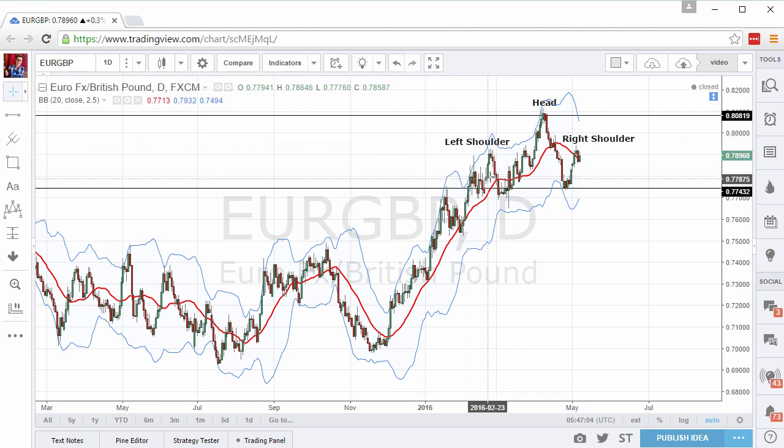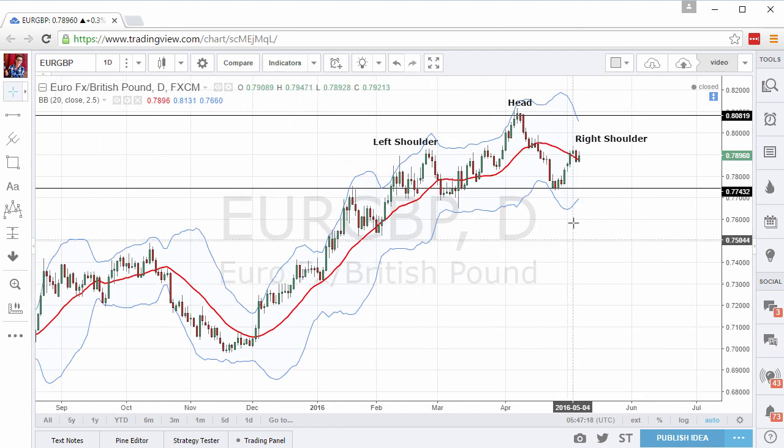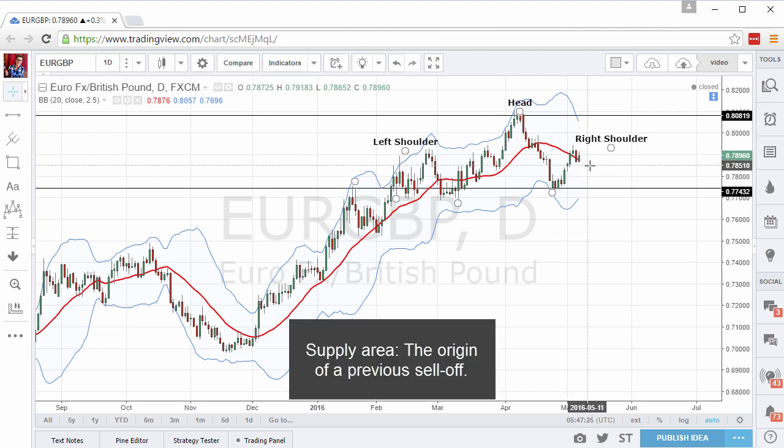Whenever you see that the market's dynamics are shifting with the head and shoulders, then it tells you here on the right shoulder that the buyers are not interested in pushing prices higher anymore, and more sellers are coming into the market. Now we can also look at the price action of last week. We see here we are just arriving at the daily 20 moving average, and price has now consolidated around it.